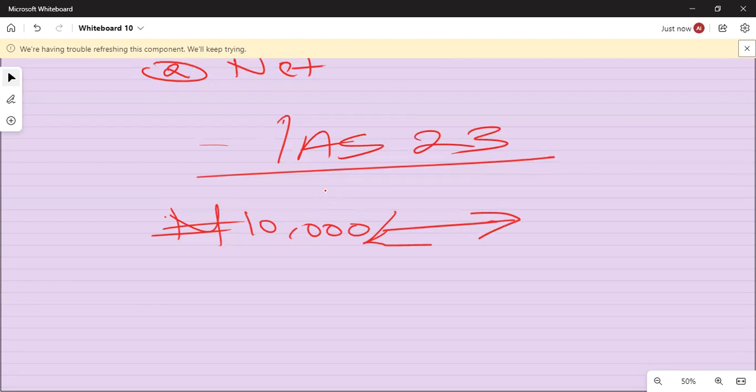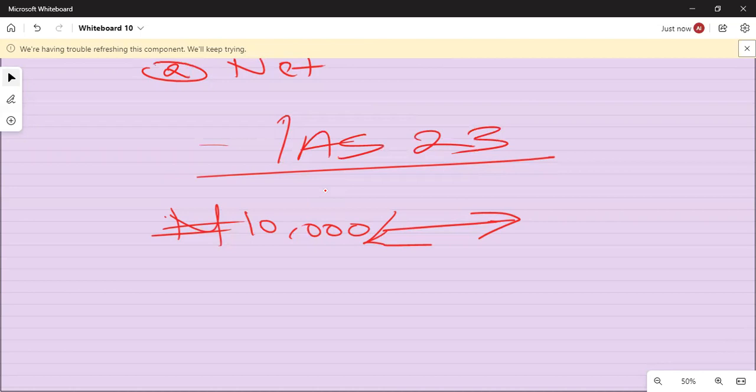The bank now charges you interest. Let's say, for example, the total amount you need to complete that project is 10,000, and you borrow the 10,000.